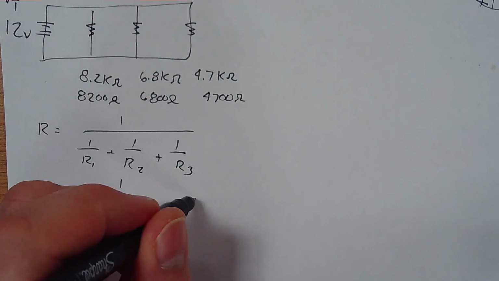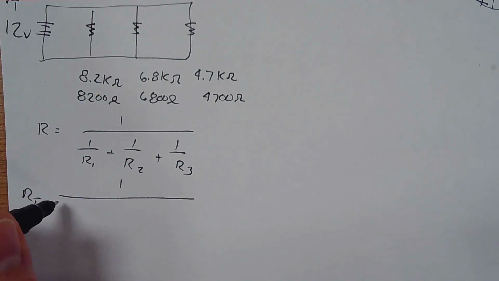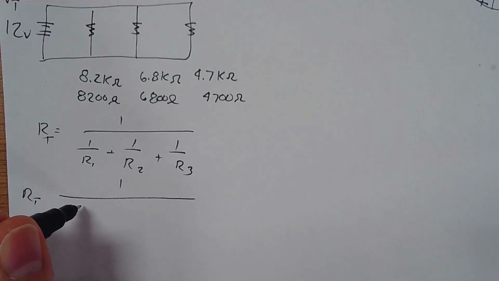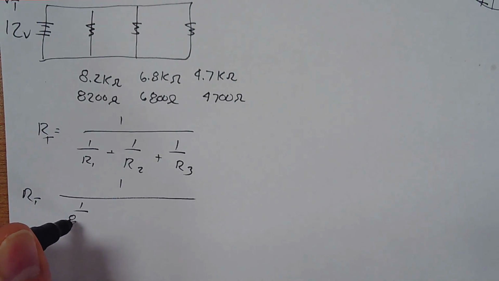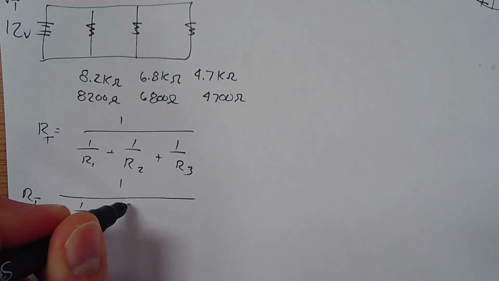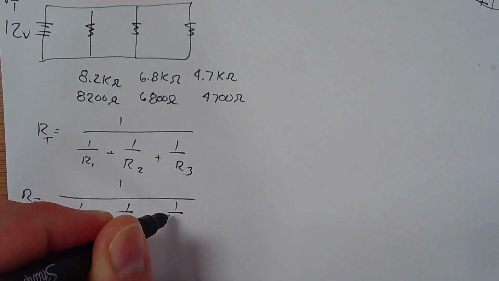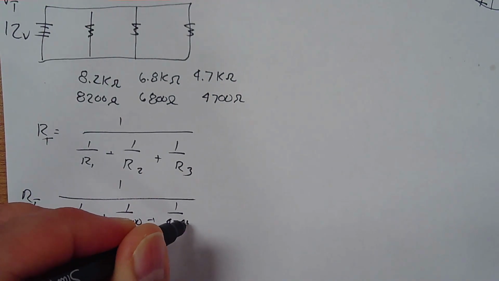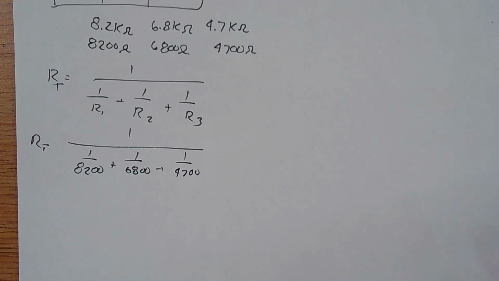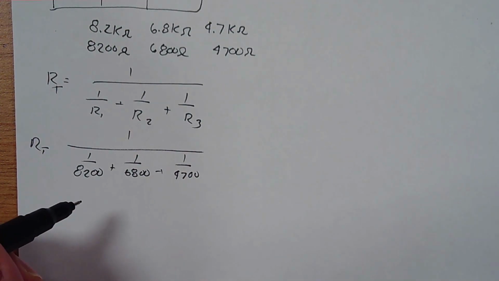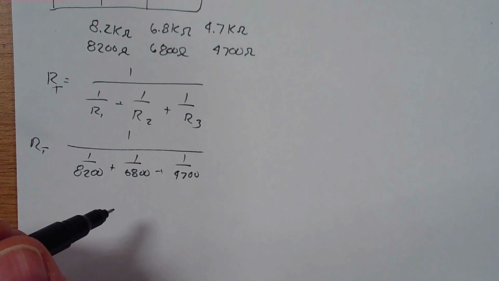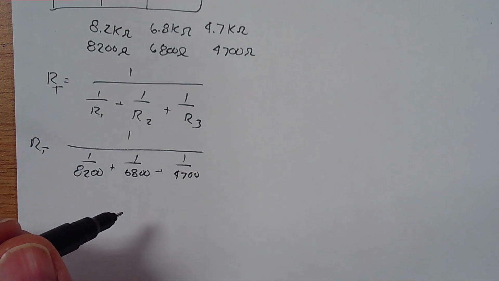If I substitute in, that's 1 over 8,200 plus 1 over 6,800 plus 1 over 4,700. And then if I solve for that, take my calculator, clear it out.